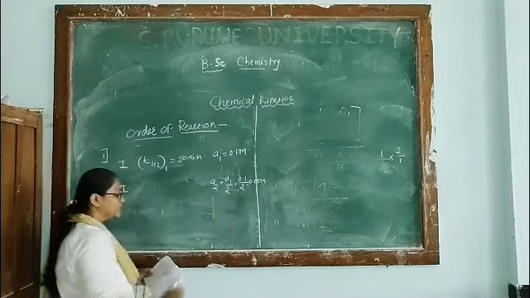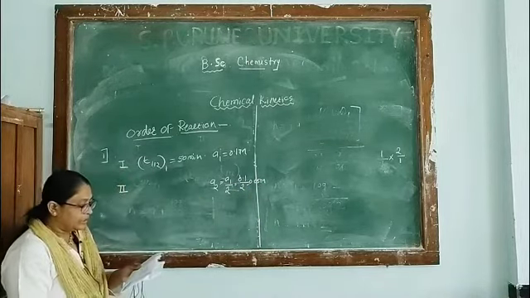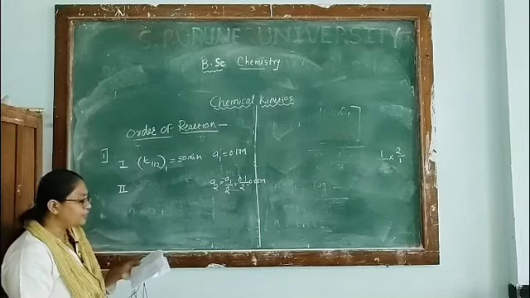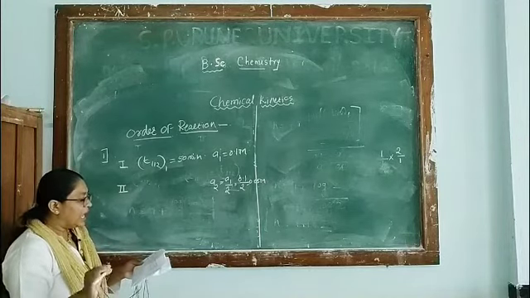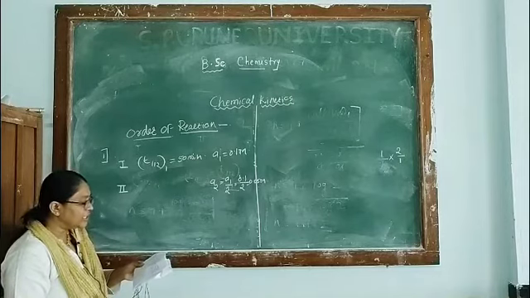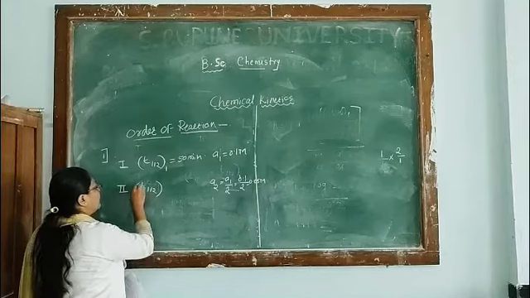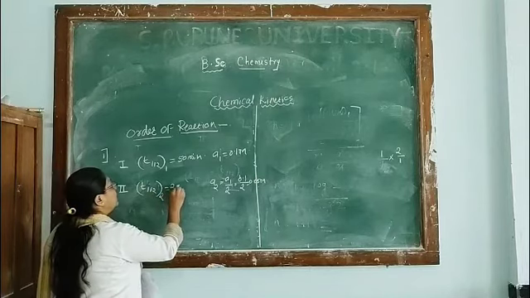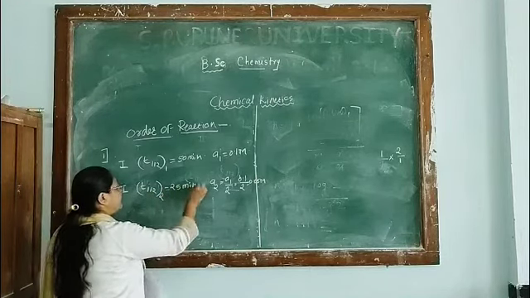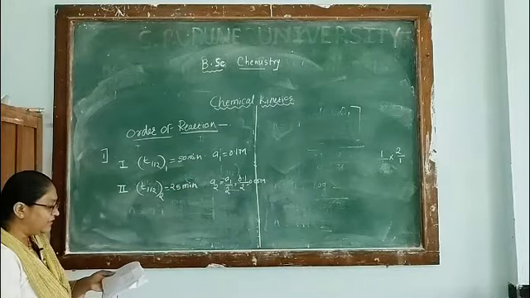This is the concentration in the second set. When the concentration of ammonia is reduced to half of the initial concentration, the half-life period is 25 minutes. That means the value for T half 2 is 25 minutes. So these are the values given.